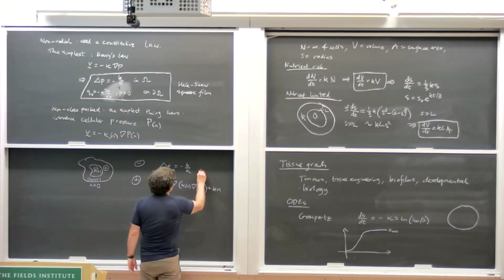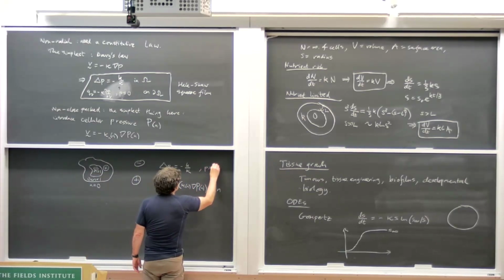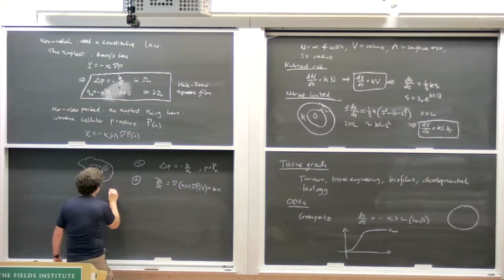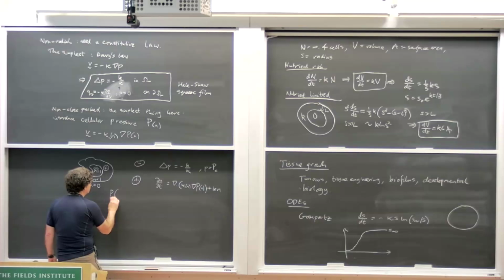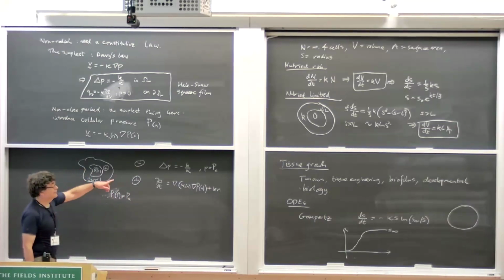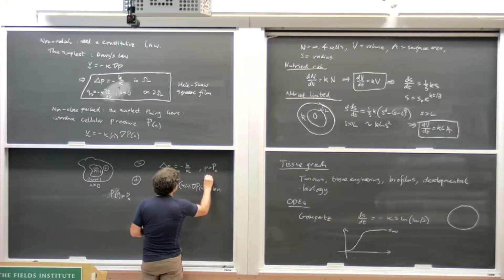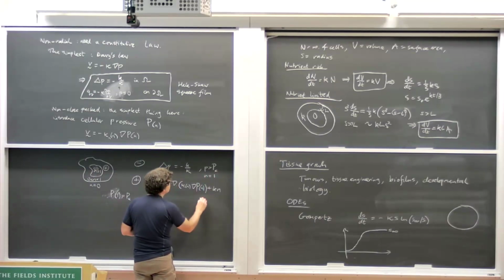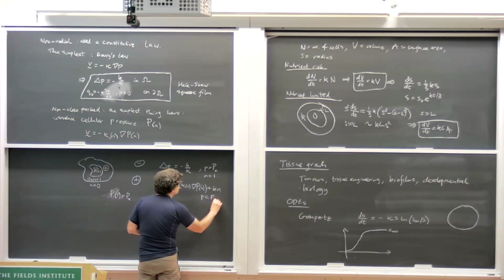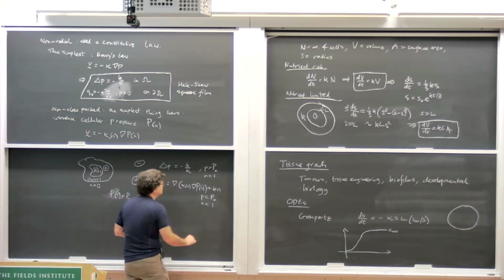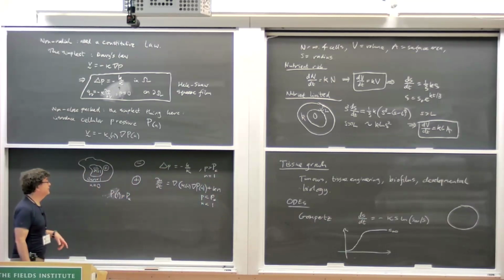This thing is going to require P to be bigger than some critical pressure, the one at which capital P of 1, the close packed value, is P star. So in the central region, P is bigger than P star and n is equal to 1. In the rest of it, P is less than P star and n is less than 1. So there's complementarity between those two.